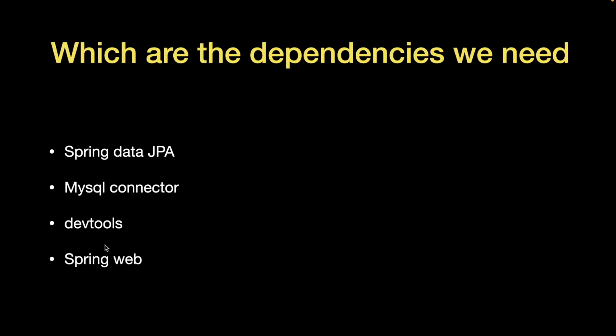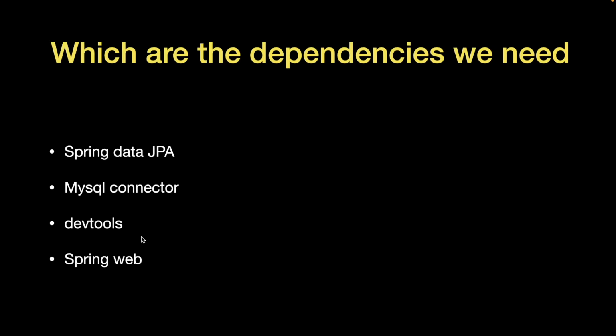So we need to add the Spring Web dependency, then DevTools, so that every time I make any changes, I don't have to restart the server every time. Automatically, as soon as you save that file, the server will reload. So we don't have to restart the server again and again.